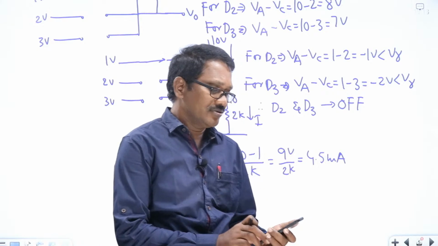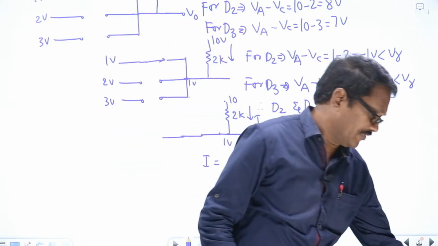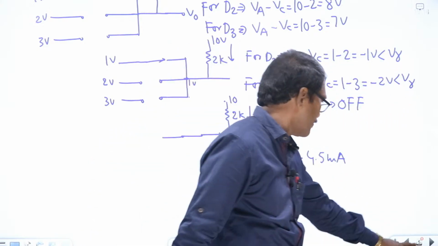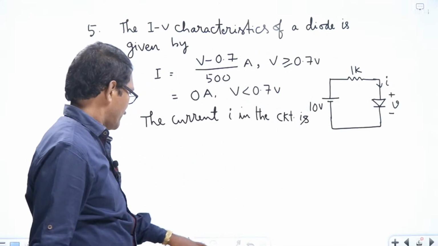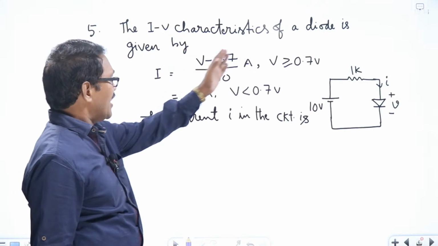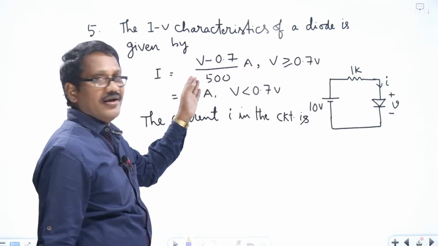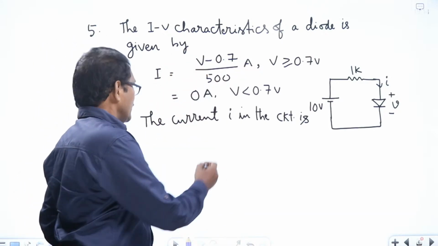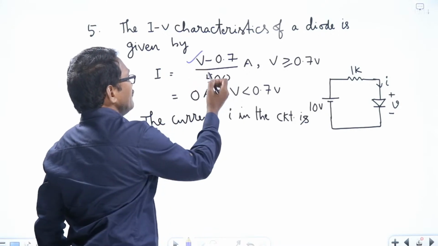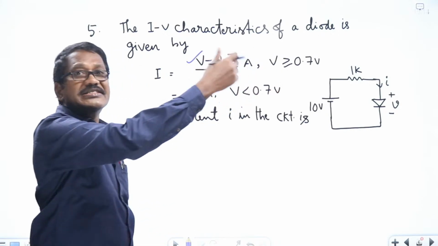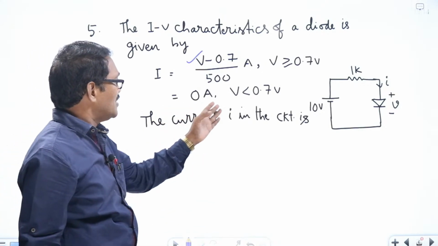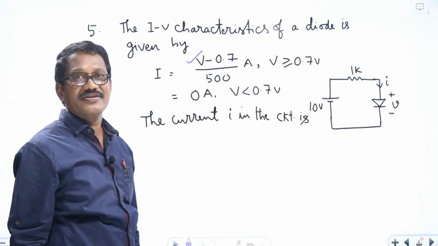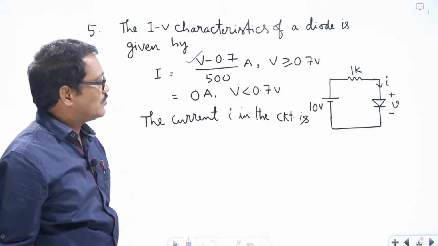Okay, so we will discuss the next problem. Right? So the IV characteristics of a diode is given by I is equal to V minus 0.7 by 500 amperes if V is greater than or equal to 0.7 volts, and 0 amperes if V is less than 0.7 volts. What does it mean?